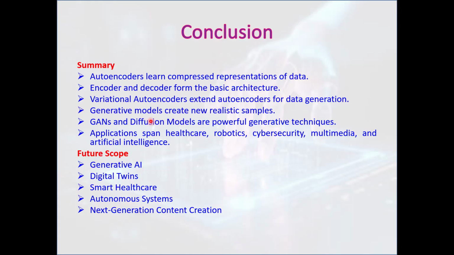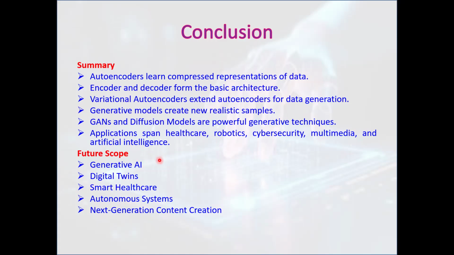The next point is that generative models create new realistic samples that closely resemble the original data sets. GANs and diffusion models are powerful generative techniques. They represent two of the most successful approaches for generating high quality synthetic data. Next, these technologies are transforming numerous industries, enabling intelligent decision making, automation, and creative content generation.